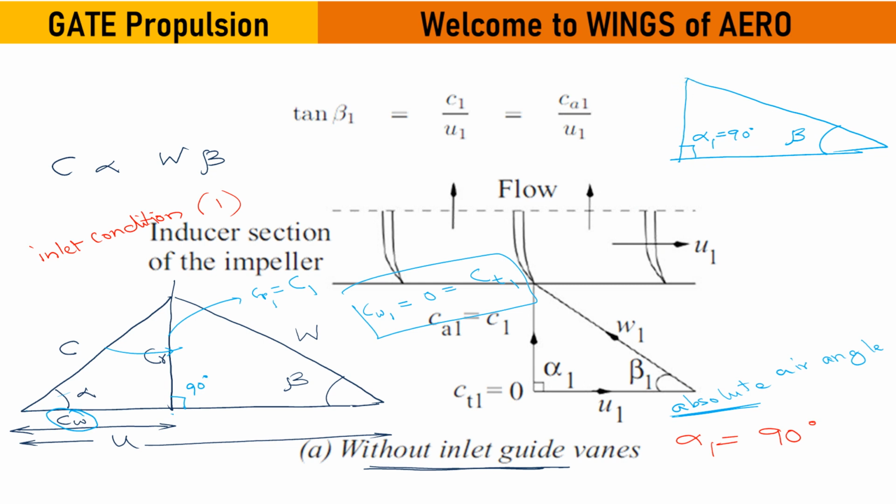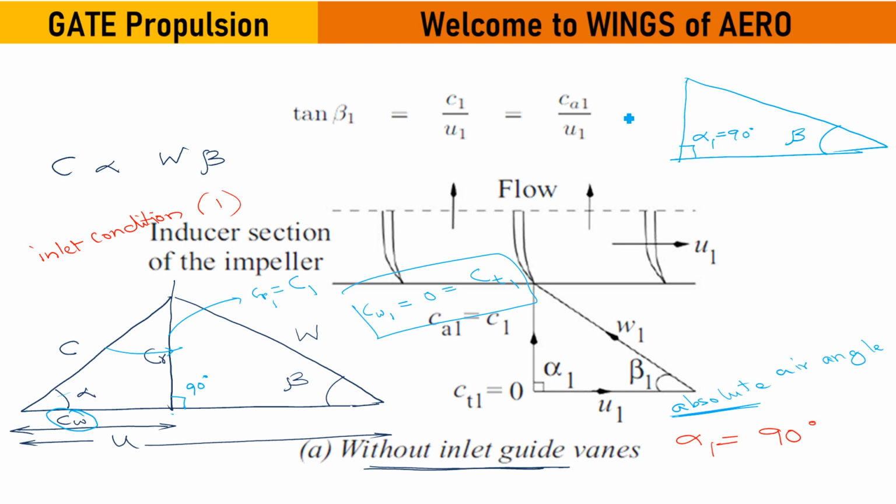So let's come back to focus on this topic. And I request all of you to mute yourselves, so there will be no background noise and the recording will have better clarity. So alpha 1 is equal to 90 degree.